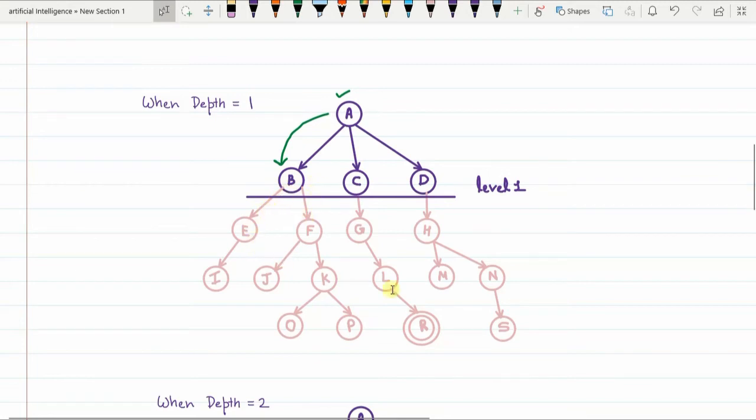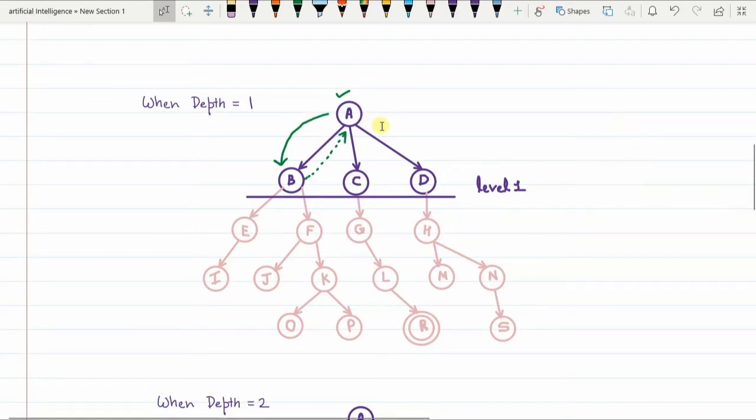Although there are child nodes available, at this particular iteration only these 4 nodes are visible, as good as saying that B does not have any child nodes because other nodes are not yet revealed. Since B does not have any child node and B itself is not a goal node, we have to backtrack. So from B we backtrack back to A.